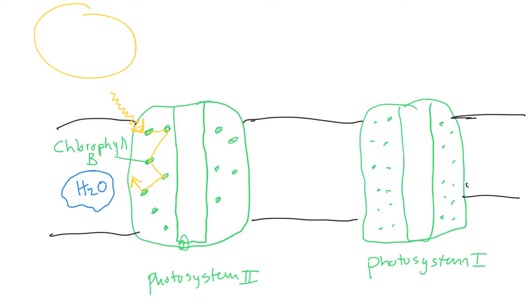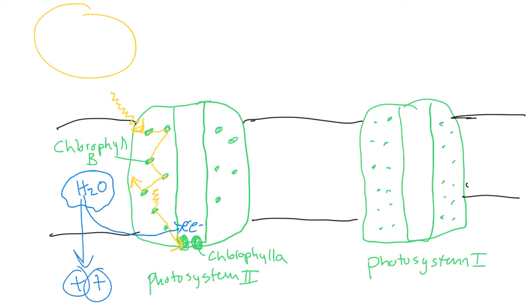But if they can pass that energy to these chlorophyll A molecules in the reaction center, chlorophyll A can split water into electrons, protons, and then oxygen, which we don't need.